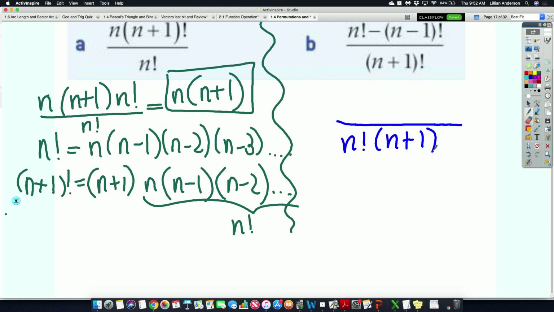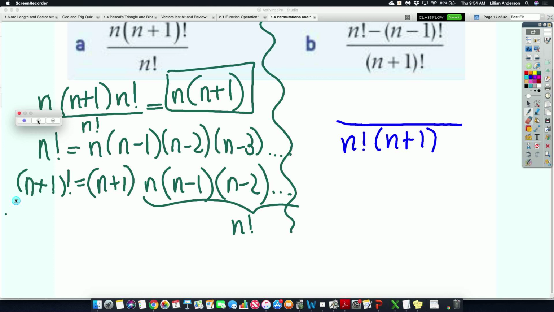What can I do at the top? There's a negative in front of it, and then n minus 1 factorial. n factorial is what you see over here in the green.